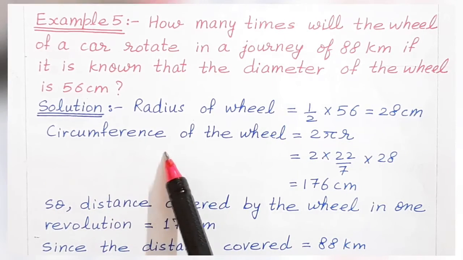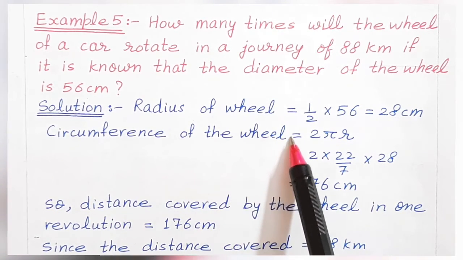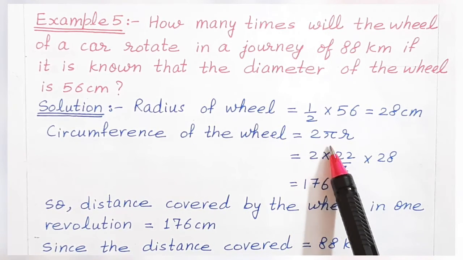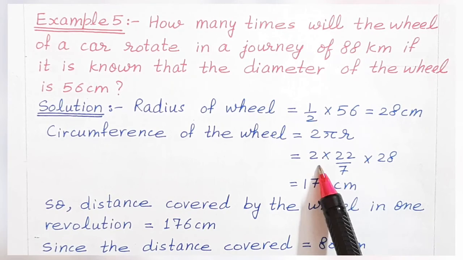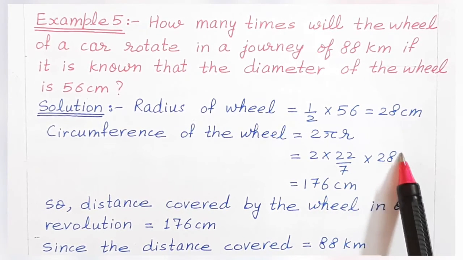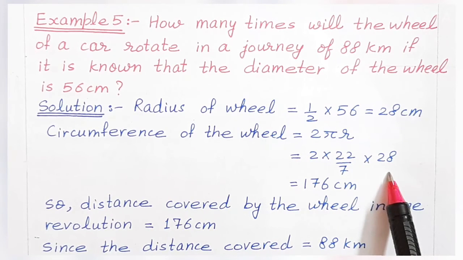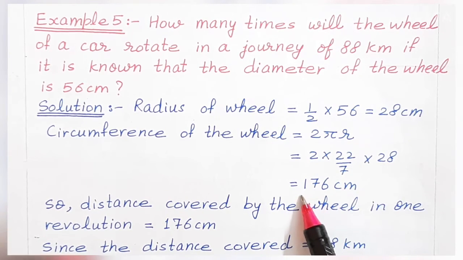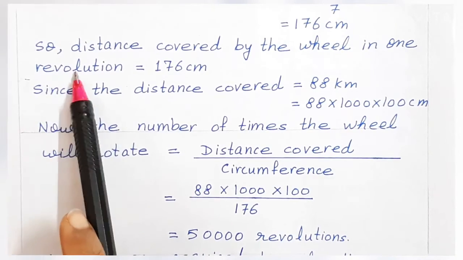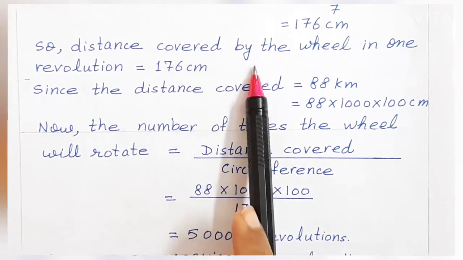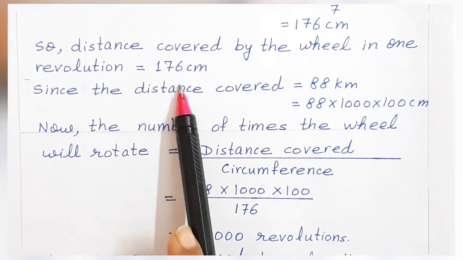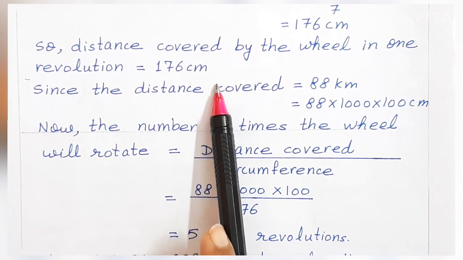Now the circumference of the wheel is, now the wheel is in the shape of a circle. So here it is 2 pi r, that is 2 into 22 upon 7 into 28. So that is equal to 176 centimeter. So the distance covered by the wheel in one revolution is 176 centimeter.